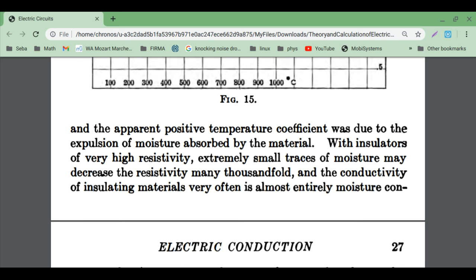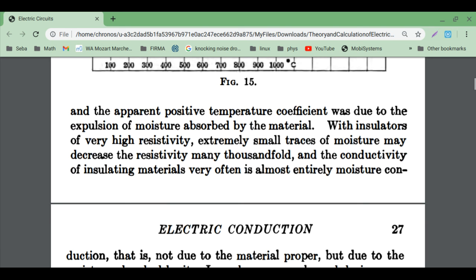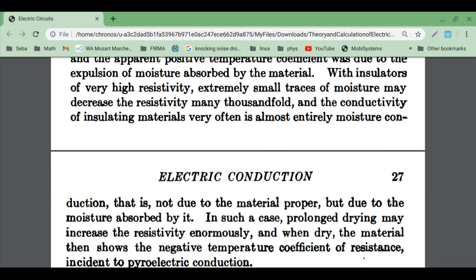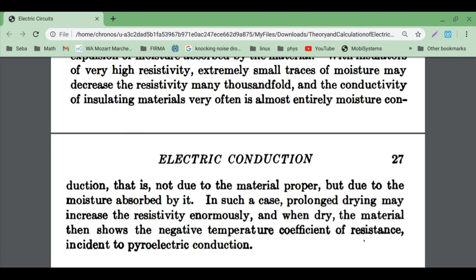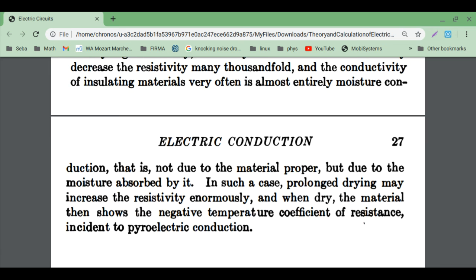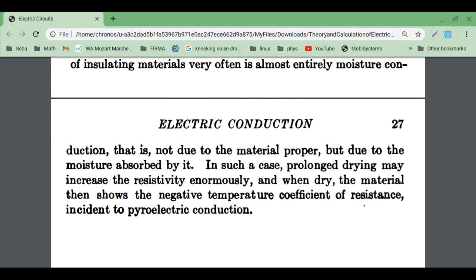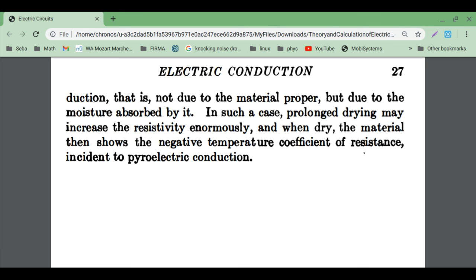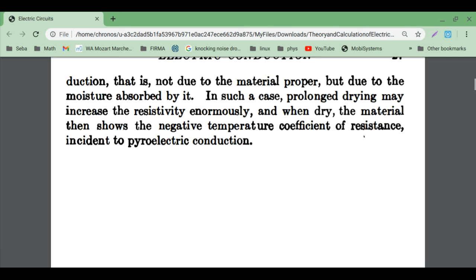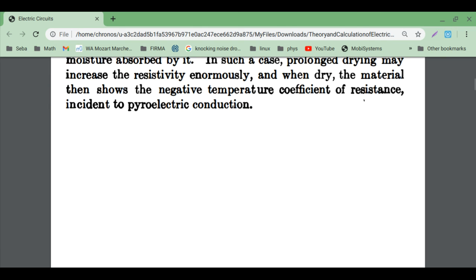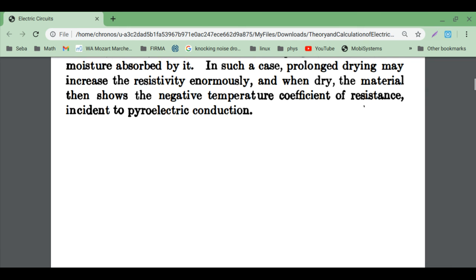With insulators of very high resistivity, extremely small traces of moisture may decrease the resistivity many thousandfold, and the conductivity of insulating material very often is also entirely moisture conduction, that is, not due to the material proper but due to the moisture absorbed by it. In such a case, prolonged drying may increase the resistivity enormously, and when dry, the material then shows the negative temperature coefficient of resistance incident to pyrolytic conduction.